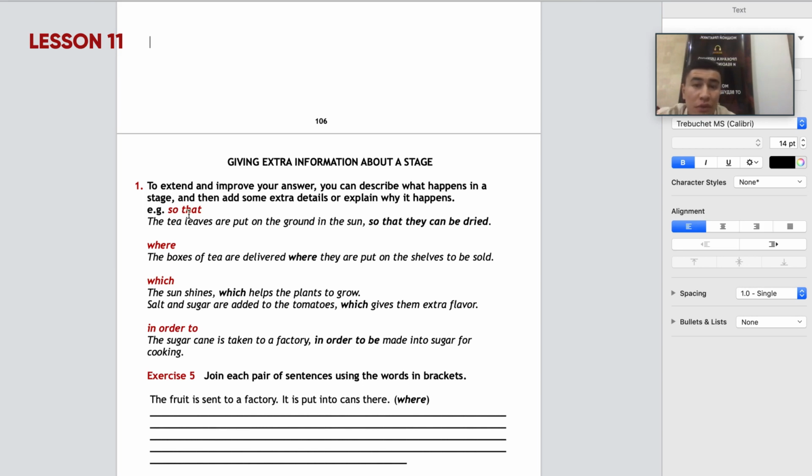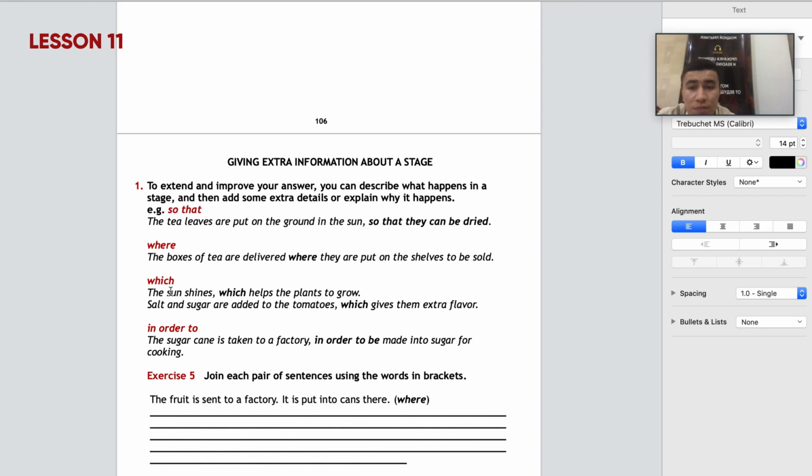Okay, you can use so that. The tea leaves are put on the ground in the sun so that they can be dried. Or you can use where. The boxes of tea are delivered, where they are put on the shelves to be sold.